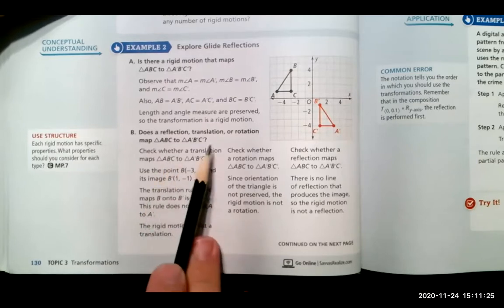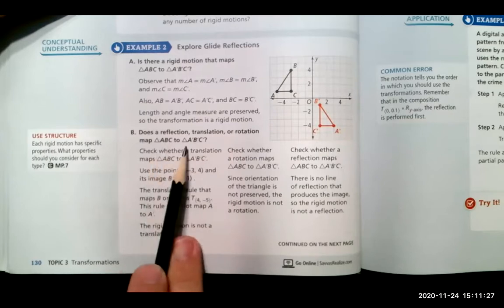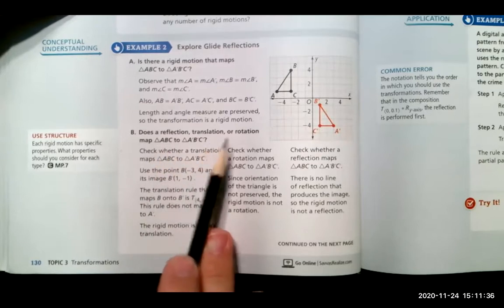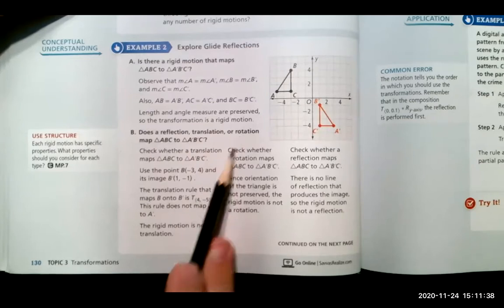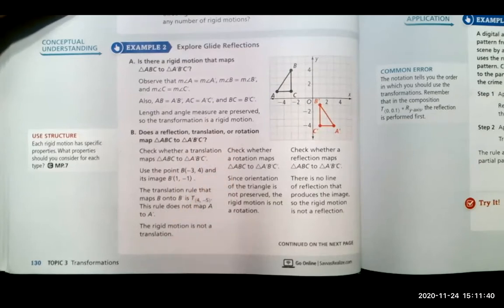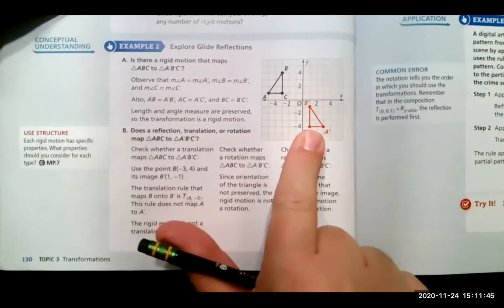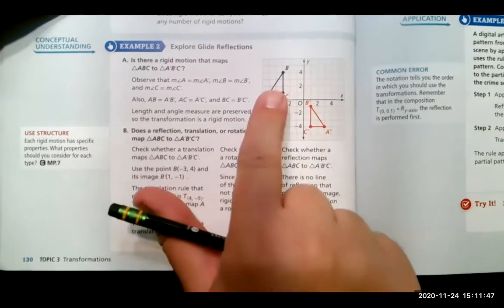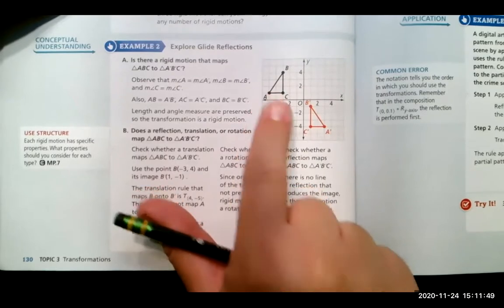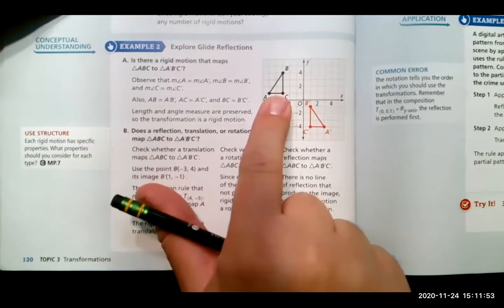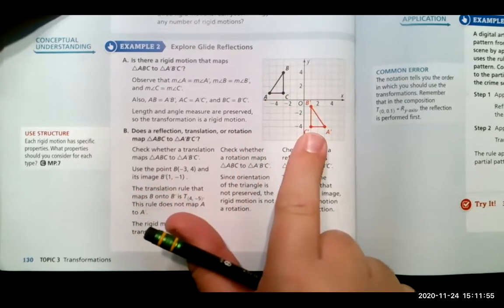Does a reflection, translation, or rotation map the pre-image to the image? Specifically, what they're asking is, does one single reflection, or one single translation, or one single rotation? When you look through here, I don't think it does. I can't just translate this left and down; it's not the same triangle. I can't reflect this triangle across any line to get my image, and I can't rotate this triangle around any point to get my image.